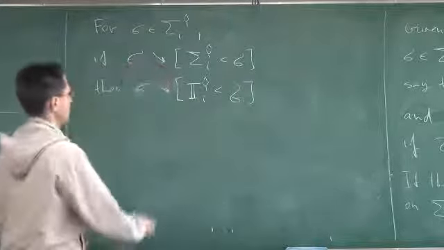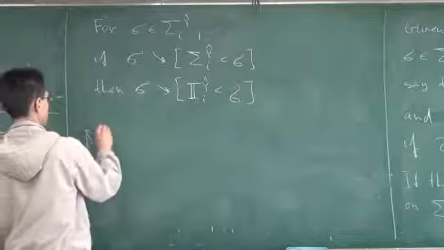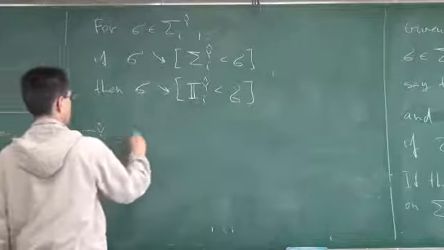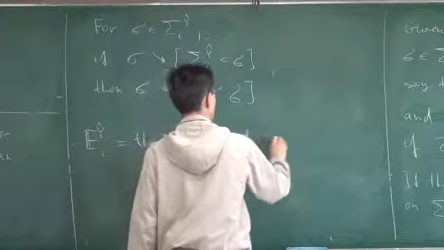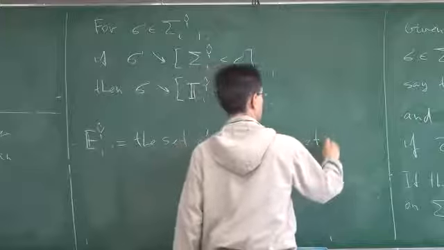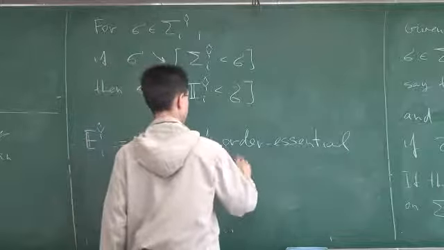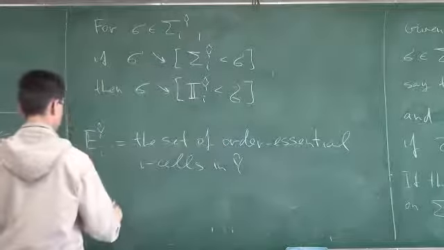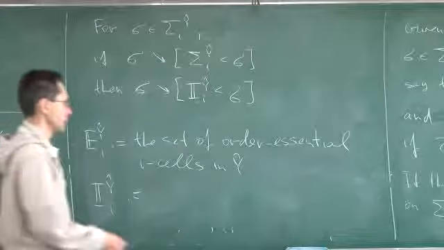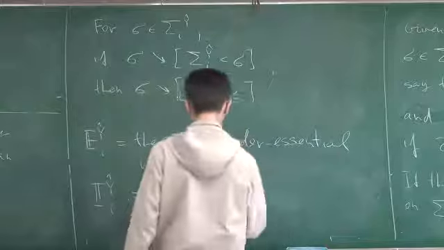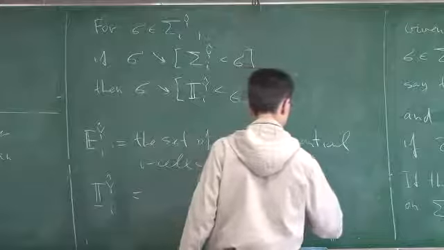Let me write the definition. It is the set of all order essential I-dimensional cells in y hat, and the I sub I y hat is the complement, the set of all order inessential cells.